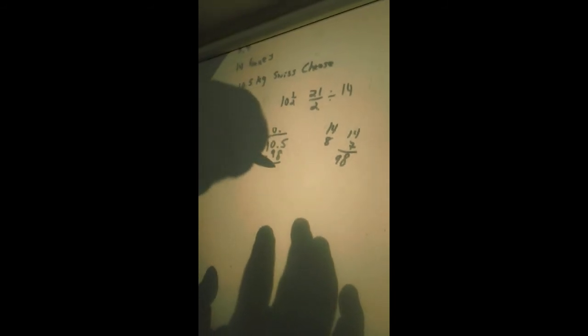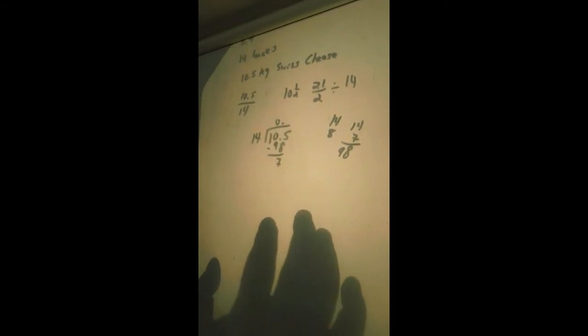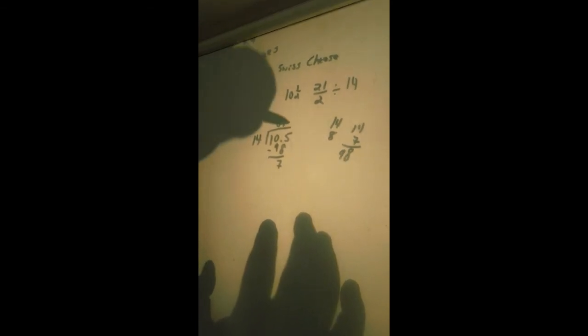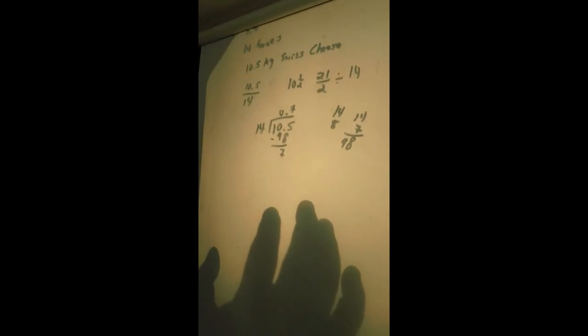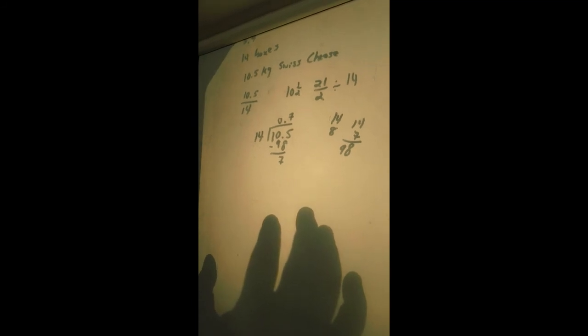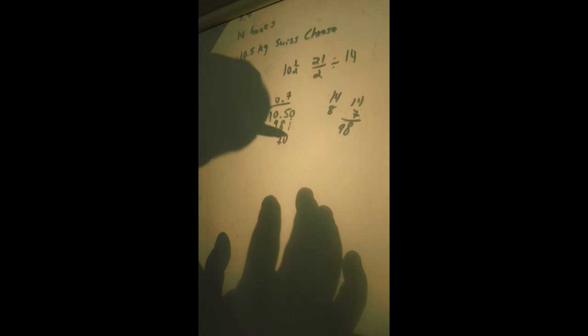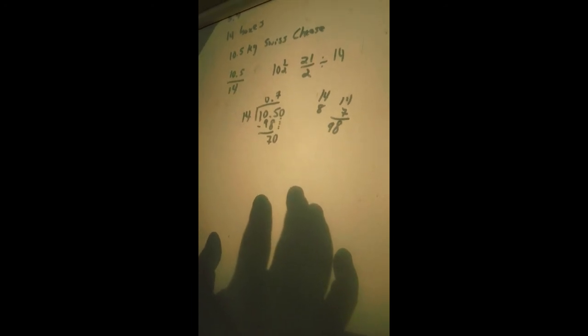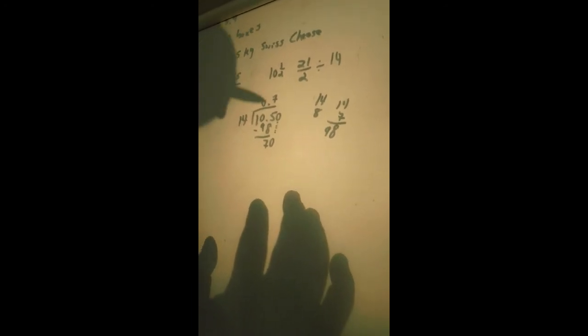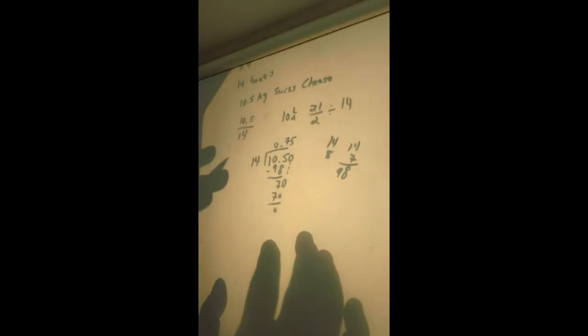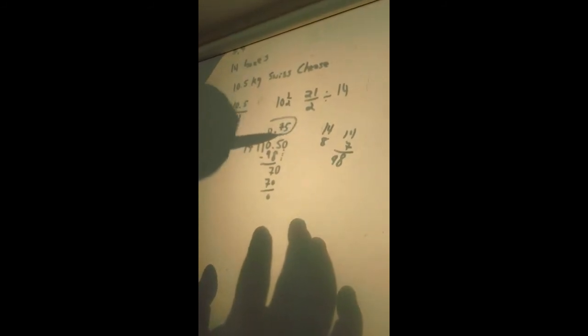7? Okay. So Sydney was asking, well, what do we do now? Well, first of all, I got to put the 7 up here. So now what? Well, you got to put in an imaginary 0 and drop it down. 14 goes into 70, how many times? 5 times? Oh, it goes in exact. So what does this mean up top?